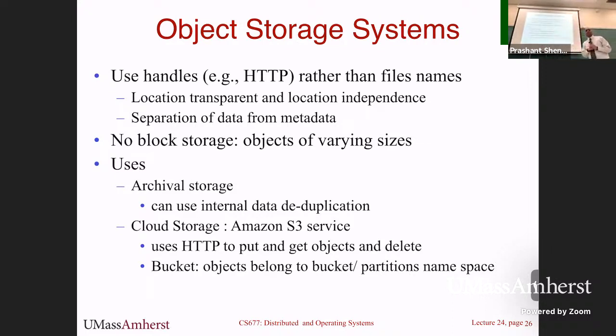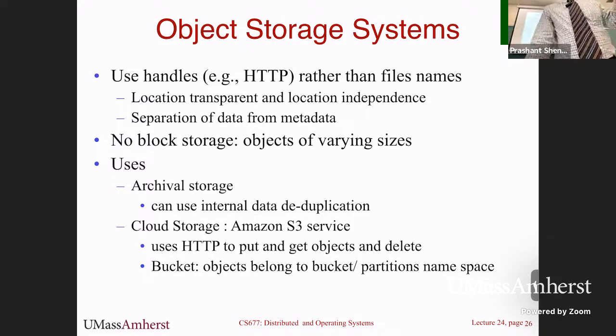So essentially, the way you want to think about it is no hierarchical structure. Each object in S3 is called a bucket. Each object is a large container of data. You can put whatever data you want in it, but the way you are going to access it is you need the handle, which could be an HTTP handle or it could be a numeric handle.